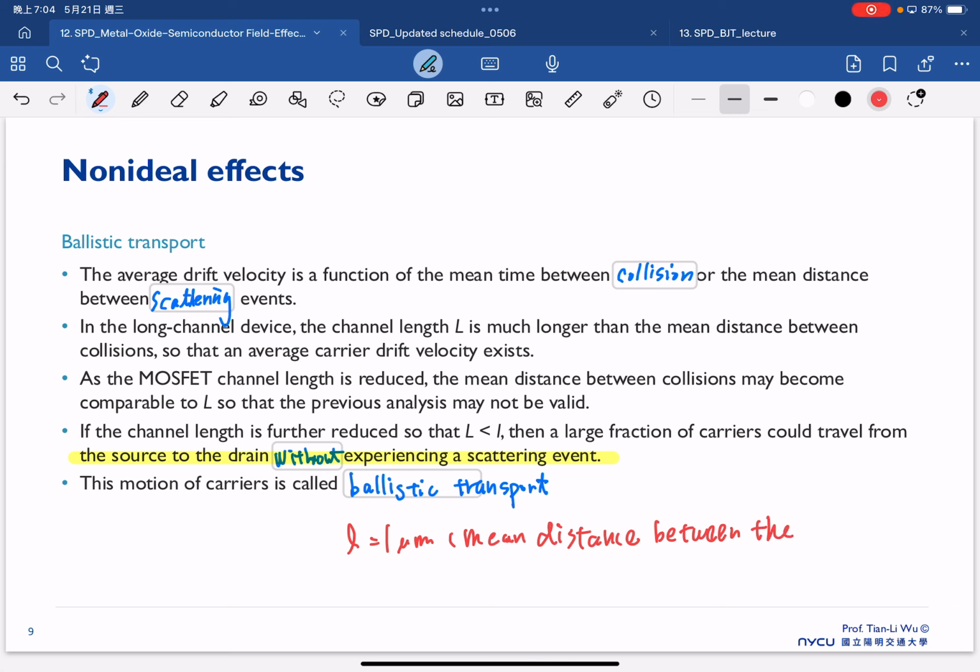But now if we try to fabricate a channel length of 15 nanometers, which is smaller than the mean distance, that means this is a condition where we might start to have ballistic transport.